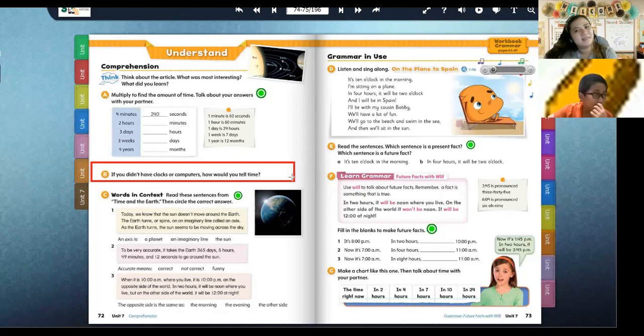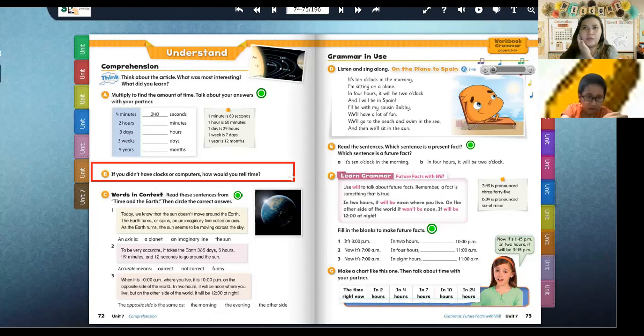Now let's try. I want you to answer this one. If you didn't have clocks or computers, how would you tell time? Maybe I will tell by the sun, because my house doesn't have a candle, and I will tell by the water. I can tell by the sun and water. Why water? So usually we can measure the time through the sun.